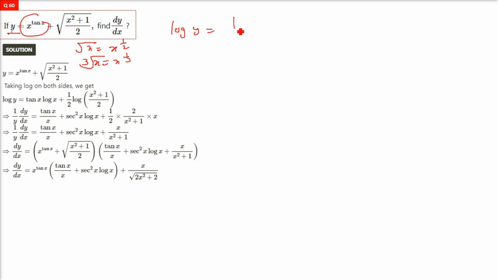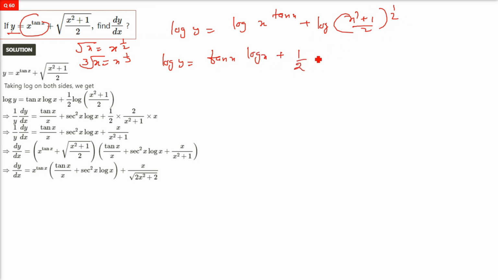And when we take the log of this, log x to the power 10x, 10x will come in front. Here also we'll take x square plus 1 by 2 to the power half. We'll take log. So log y is equal to 10x will come in front. So we have 10x log x plus half will come in front, half log x square plus 1 by 2.